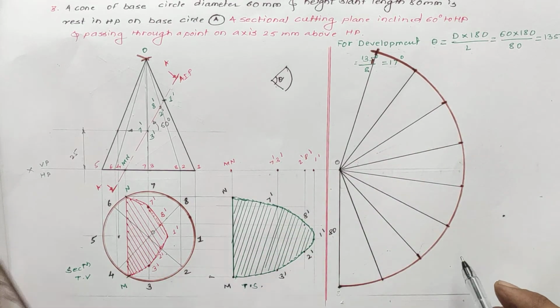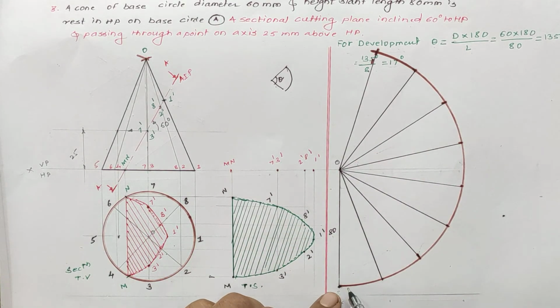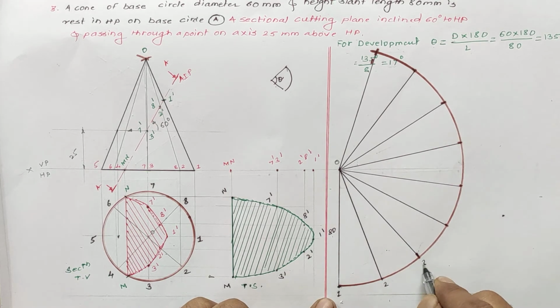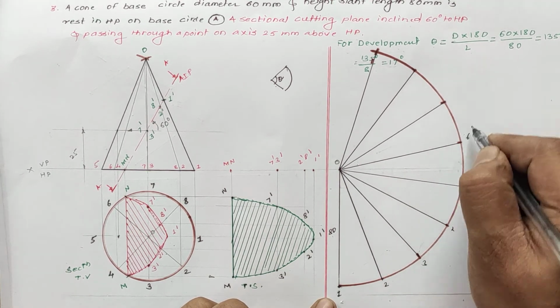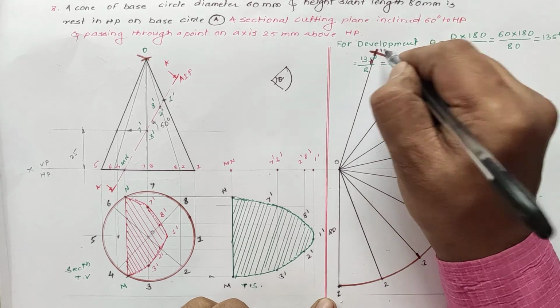After connecting, don't connect the base edges. This is the base circle, so it is not required to connect the base points. So first point, second, third, fourth, fifth, sixth, seventh, eighth, and this is again 1.